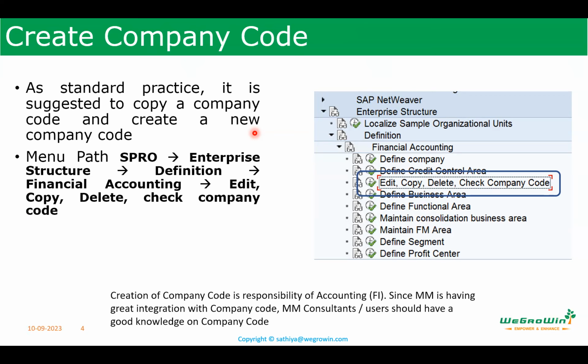Data management people? That is okay, but within that you have many people responsible for different functions: MM consultant, PP consultant, FICO consultant, SD consultant. Who will be responsible to create the company code?